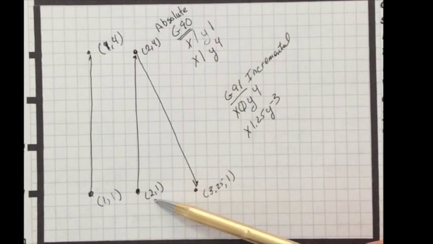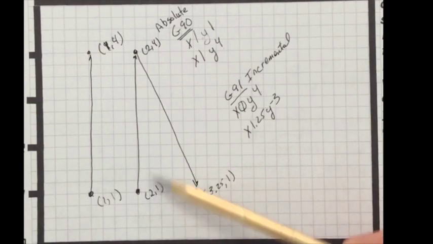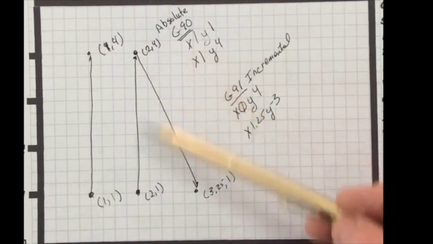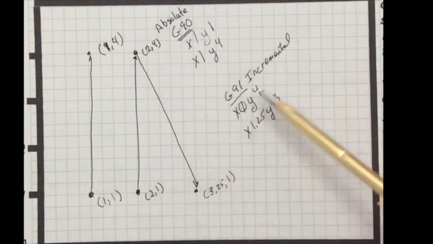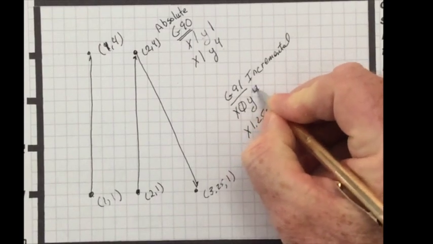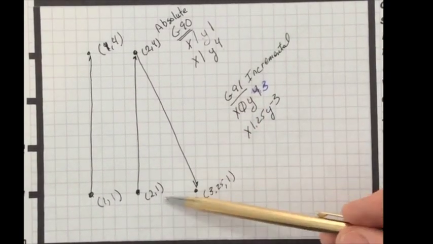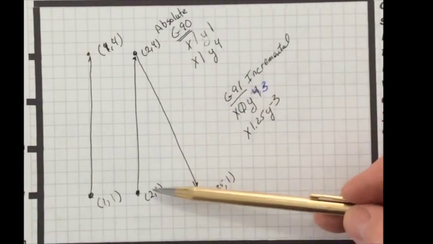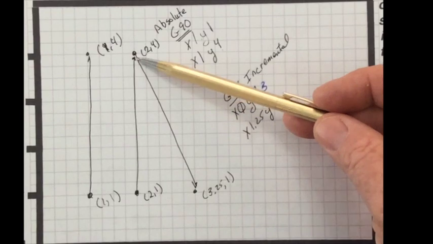So if we start at the position 2 comma 1, to get to 2 comma 4, we just have to tell it that it is a change in 3 units. Now don't tell anyone, but Mr. Lagarde for some reason has written 4 units, and that's actually a 3. Okay, so to go from this point to this point, the x value would be 0 and the y value would be 3.